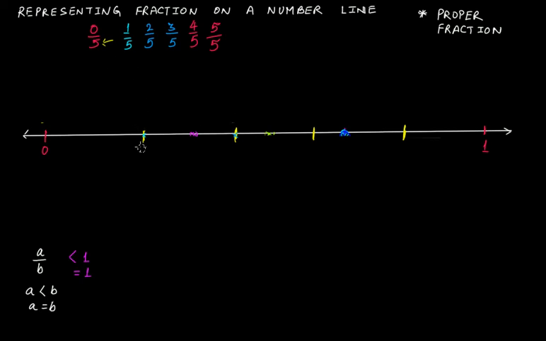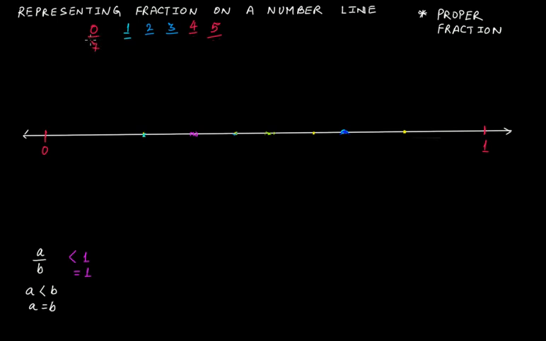Let me remove all this. Okay, we have 0 and 1 here. Let's say that you have to find 0 by 7.